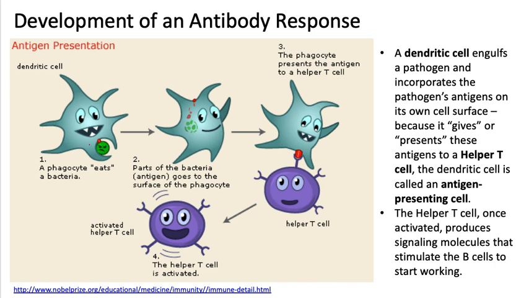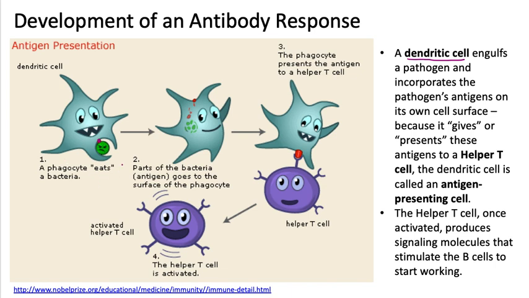So you could just write out the steps. The first thing that happens will involve a dendritic cell. So our dendritic cell is a phagocyte, and it attaches to a pathogen and engulfs it. And here is an antigen on the pathogen surface.